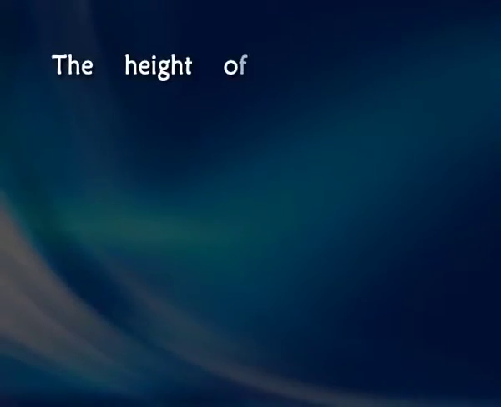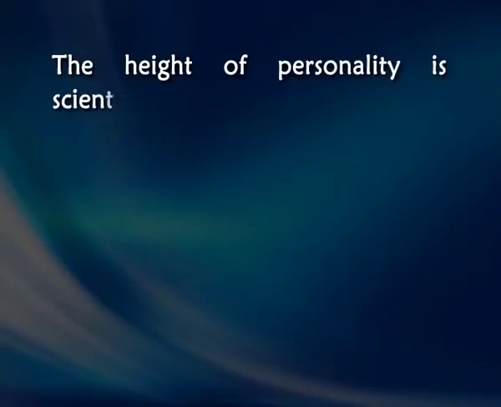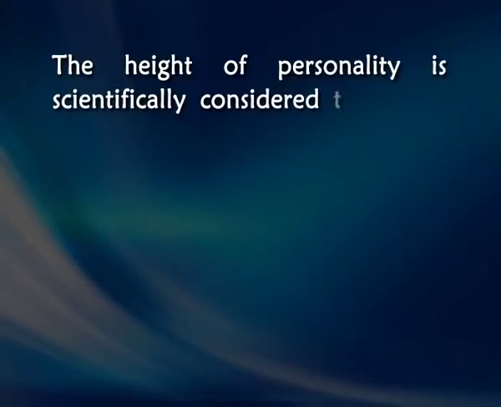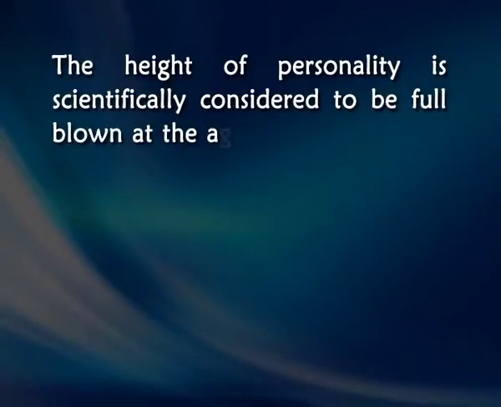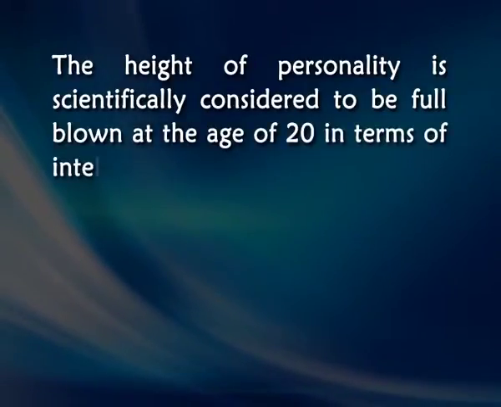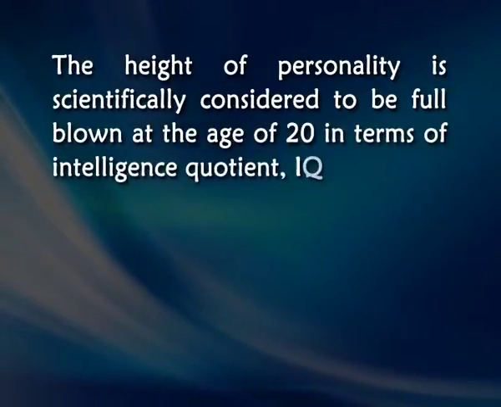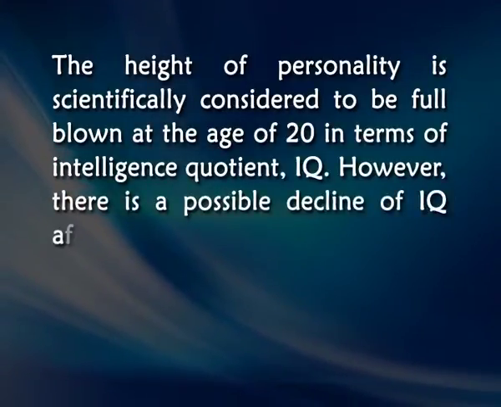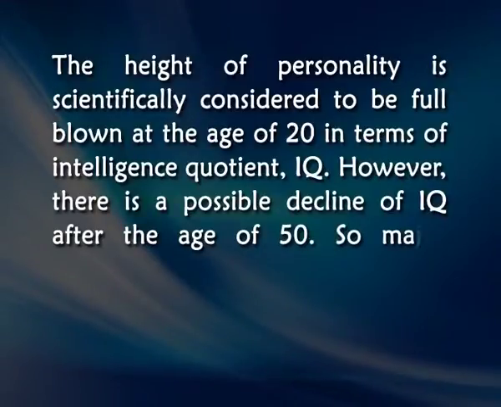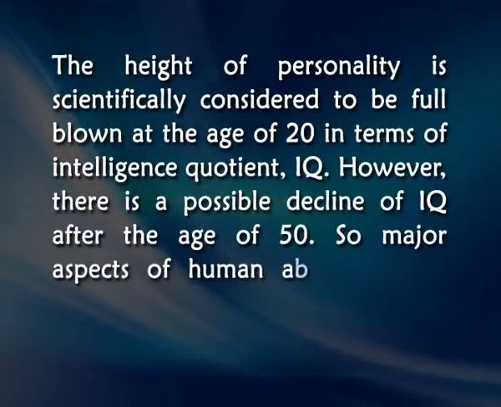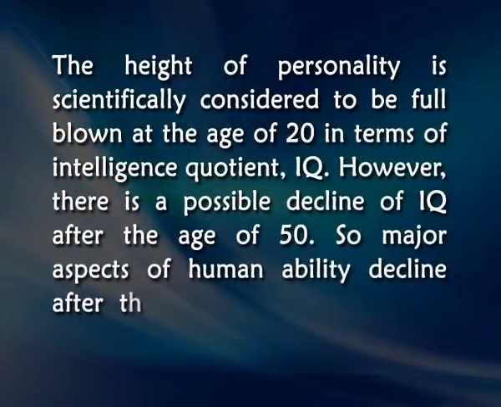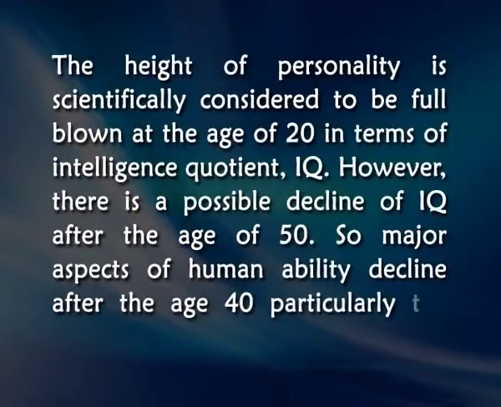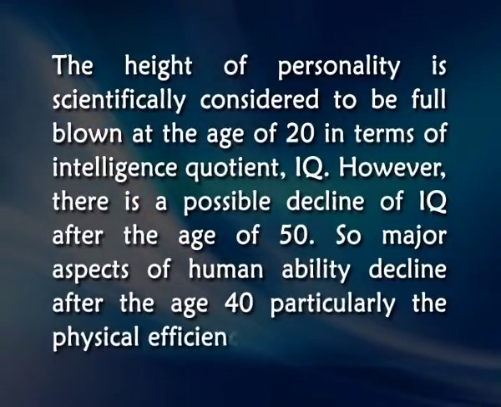The height of personality is scientifically considered to be full-blown at the age of 20 in terms of intelligence quotient, also known as IQ. However, there is a possible decline of IQ after the age of 50. So, major aspects of human ability decline after the age of 40, particularly the physical efficiency.